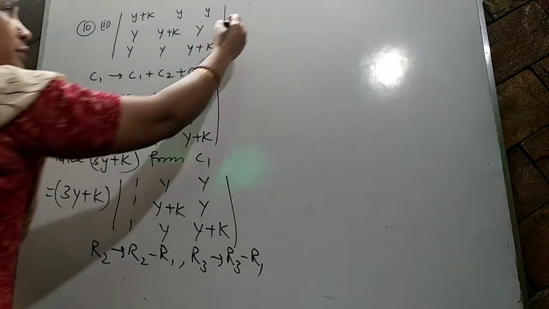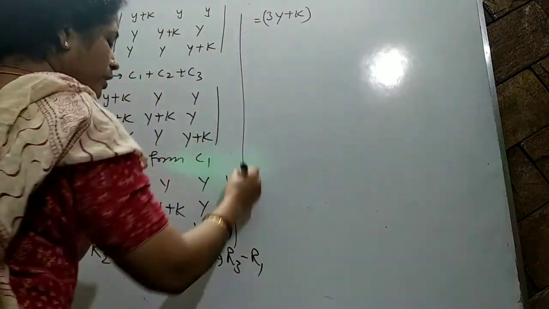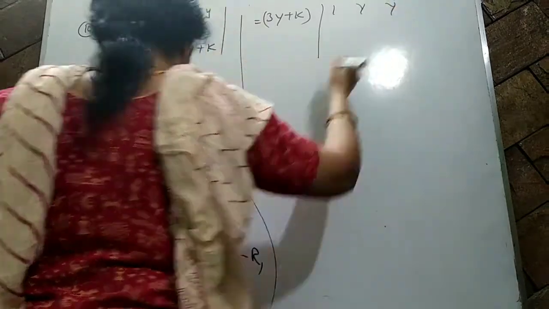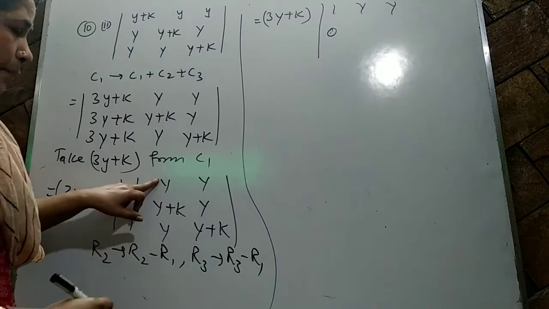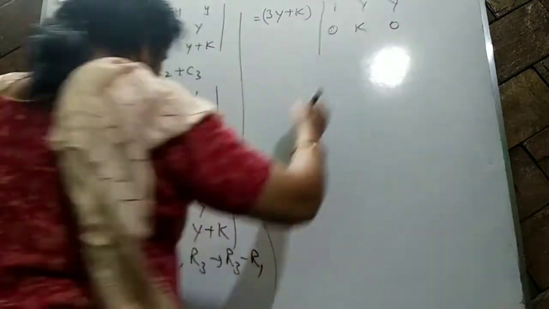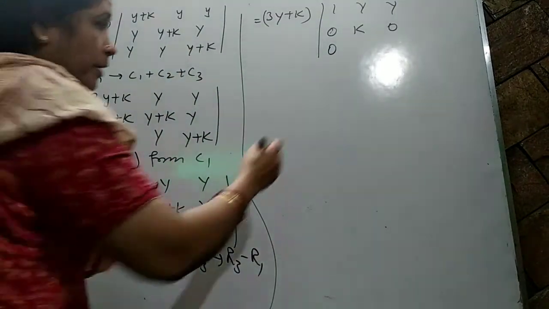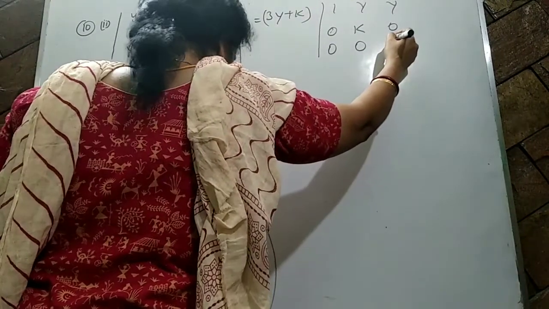Then the first row is 1, y, and the second row gives 0, then y plus k minus y is k, then y minus y is 0. Next, 1 minus 1 is 0, y minus y is 0, then y plus a k minus y gives a k.